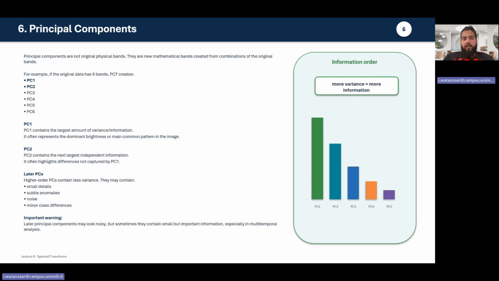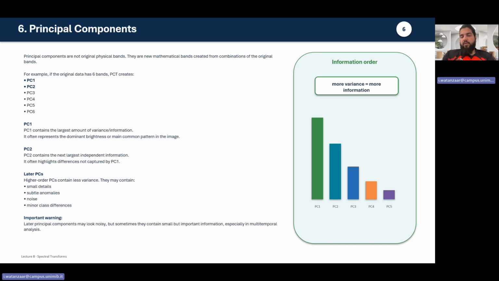The important warning is that the later principal components may look noisy. Why? Because they hold some other kind of information, but sometimes they contain small but important information, especially in multi-temporal analysis. That is important, and really useful.